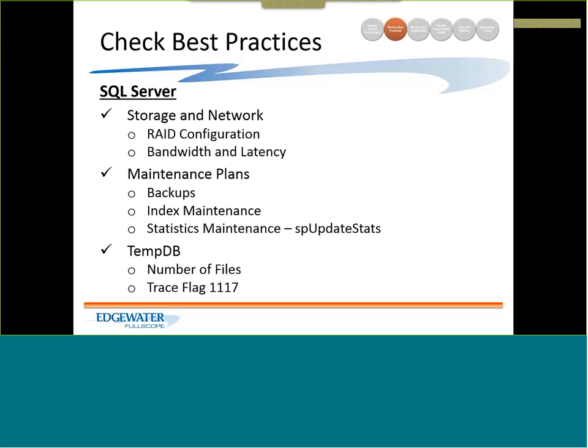So the issue there is that you can run into a situation where you need to do a backup or a restore, a database starts failing, and because you haven't been doing a database integrity check, it's not until you get ready to do the backup or restore that you find there's a problem with the database, and because you haven't been fixing any issues, you run into a lot more problems. The index maintenance and statistics maintenance are the next thing, and this is a huge issue for AX.